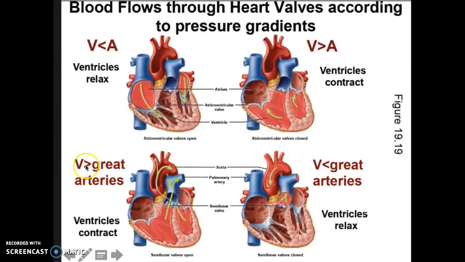When the pressure in the ventricles is greater than that in the great arteries, the ventricles will contract and push blood into the pulmonary trunk from the right ventricle and into the aorta from the left ventricle. When the ventricular pressure is less than the pressure in the great arteries, then the ventricles will relax.